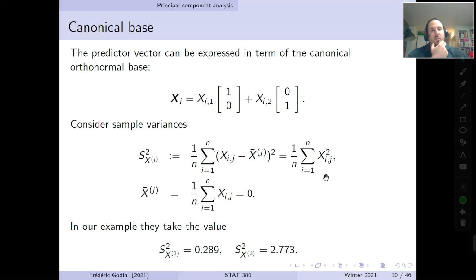So the most well-known orthonormal basis is the set of unit vectors, where the first vector could be (1, 0) and the second vector of the basis could be (0, 1). It's possible to express any data point xi in the data set as its first coordinate times the first unit vector plus the second coordinate times the second unit vector.